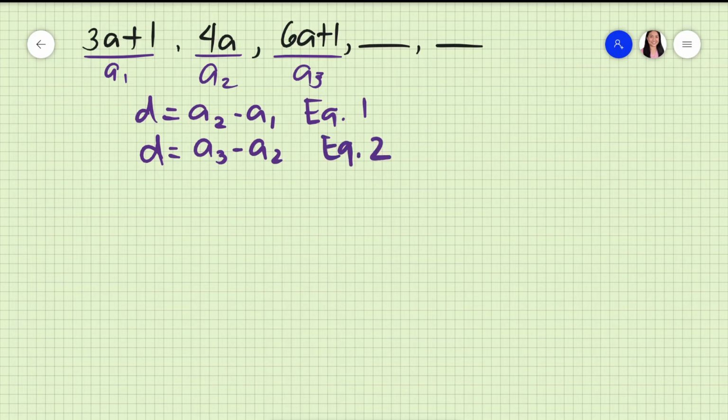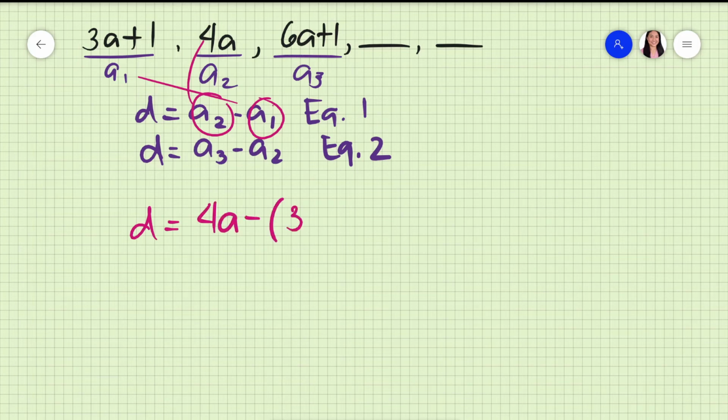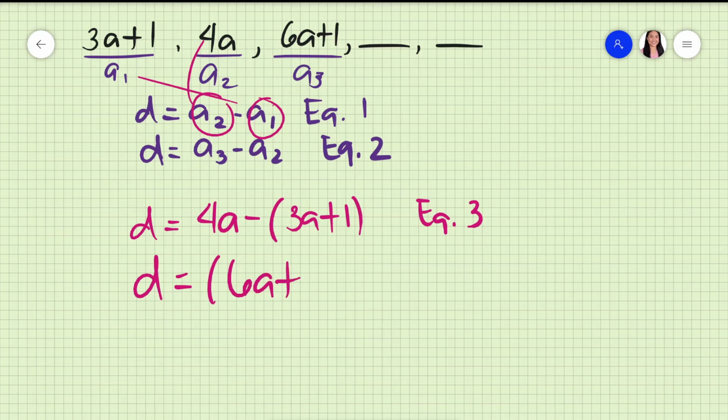Now, if we substitute the given in equation 1, this will give us common difference is equal to 4A minus quantity 3A plus 1. And this will be our equation 3. Now, if we substitute the given in equation 2, this will give us D is equal to quantity 6A plus 1 minus 4A.